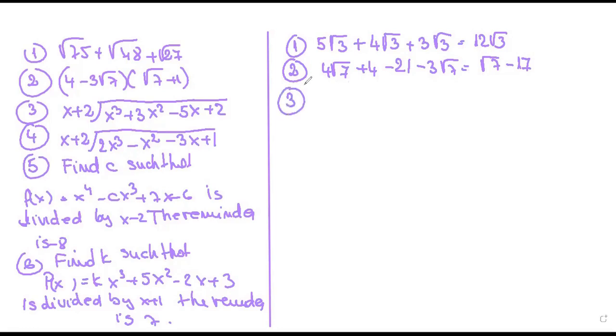3. So we need to copy basically x to the power of 3 plus 3x squared minus 5x plus 2. And we are going to use long division for this problem.